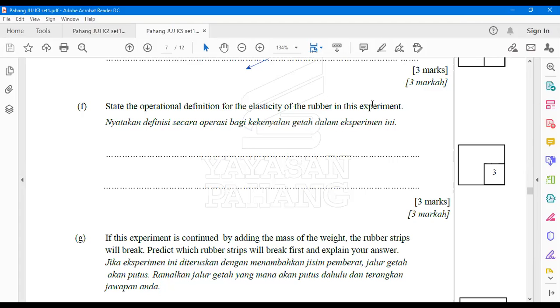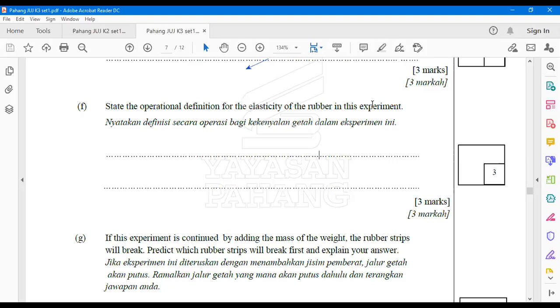Hang the weight on the rubber strip. How much is the weight? 200 gram. So what you do is a 200 gram weight is hung at the natural rubber strip and the vulcanized rubber strip. That is what you do.